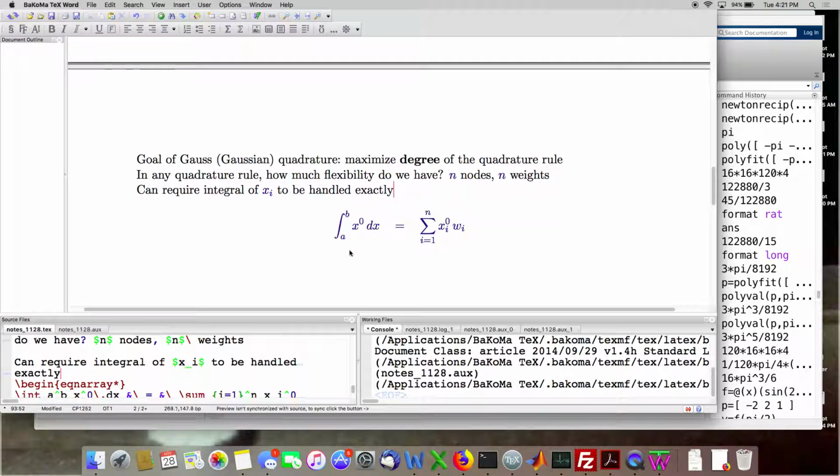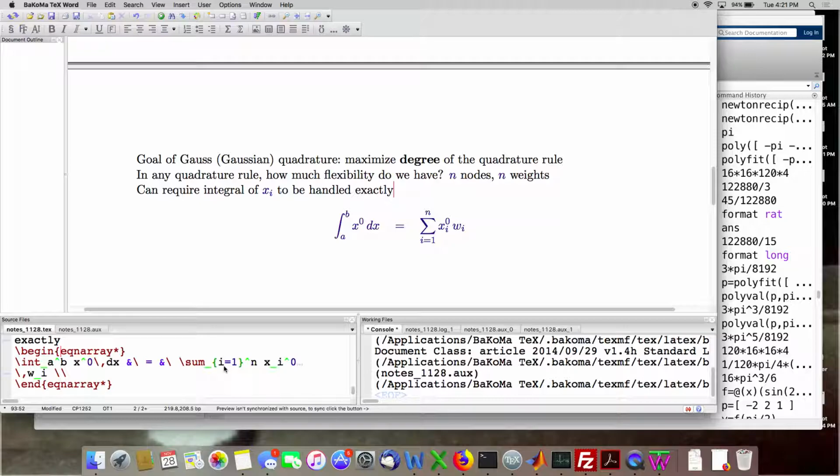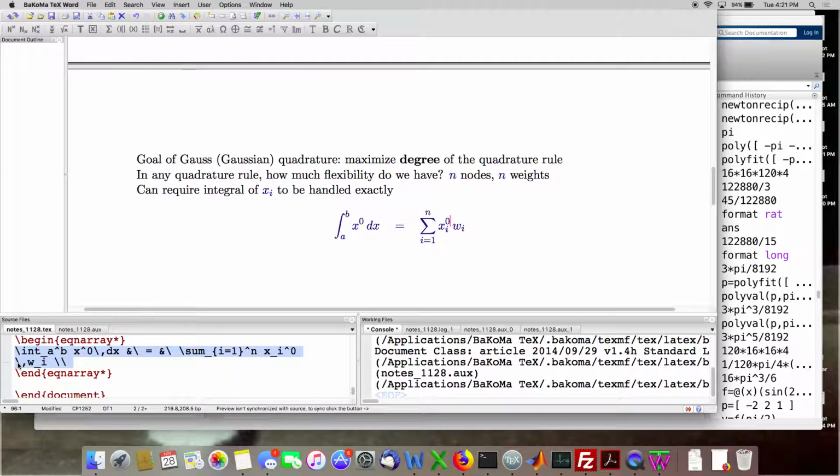So I could start with this, degree 0, and then I can just keep going up to degree 1, and so on. And of course, we know what these are supposed to be. We can just work those out. And then we can set up a system of equations.